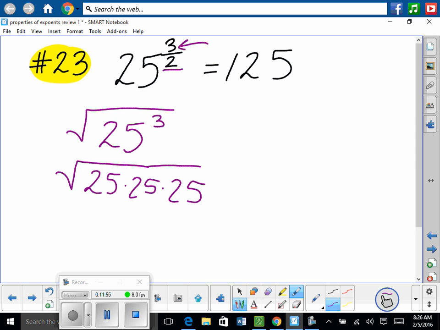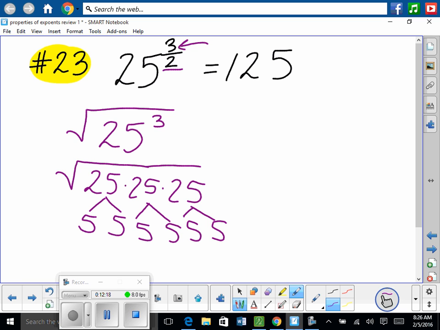I'm not going to actually multiply that together because I'm going to have to break it down by hand anyways. So I'm just going to start right here and start breaking it down into its prime factors. Because if we multiply it all together and then break it down into its factors, it'll come out the same as if we keep it like this. So 25 breaks down into 5 times 5, and 25 breaks down into 5 times 5, and 25 breaks down into 5 times 5.